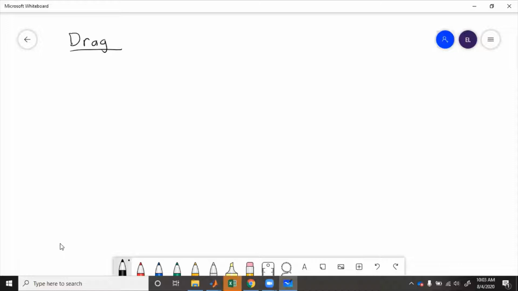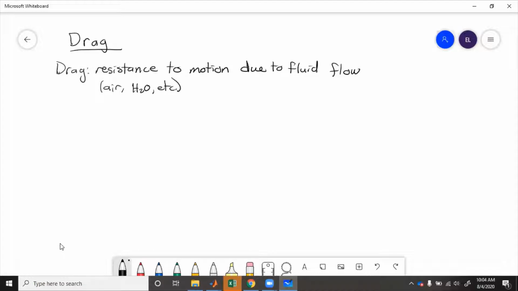Drag is resistance to motion due to fluid flow. So this could be air, water, mud, etc., whatever. So it has 3 different types. There's drag that's due to form, that is size and shape.